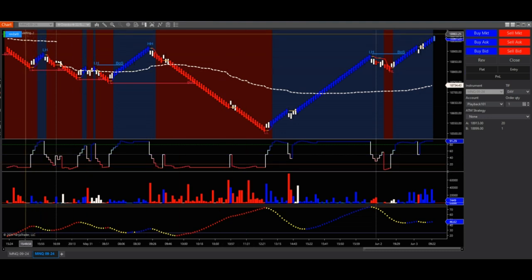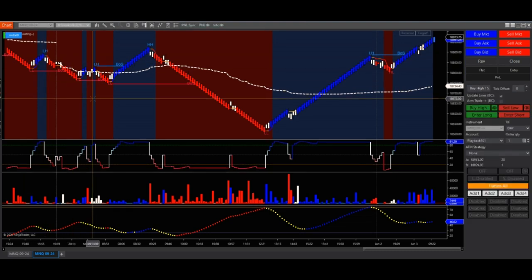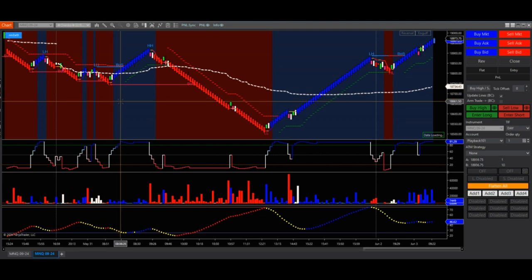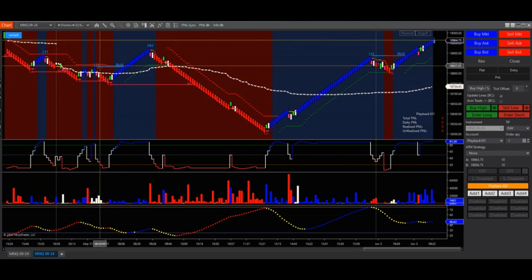Okay, still calculating. So I'm gonna go ahead. Okay, now I have the chart up. Now it's reset. You can see here my total profit and loss back to 0.